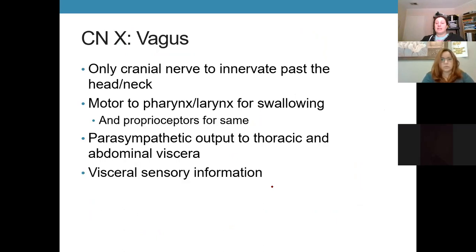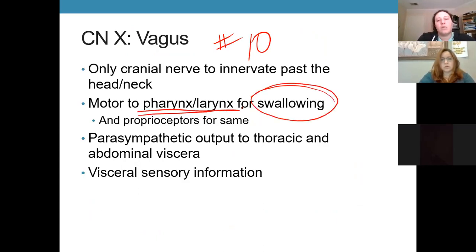All right, now that takes us to arguably the most important cranial nerve we have, which is cranial nerve 10, or the vagus nerve. The vagus nerve is the only cranial nerve that innervates anything beyond the head and the neck, which is what makes it the most important. It does do a little bit of stuff in the head and the neck. It innervates some of the other muscles in the throat for swallowing, so it works with glossopharyngeal.